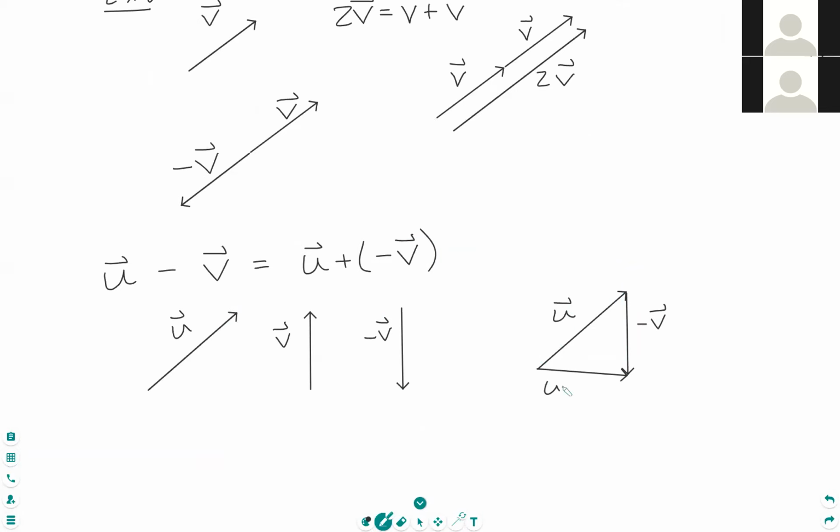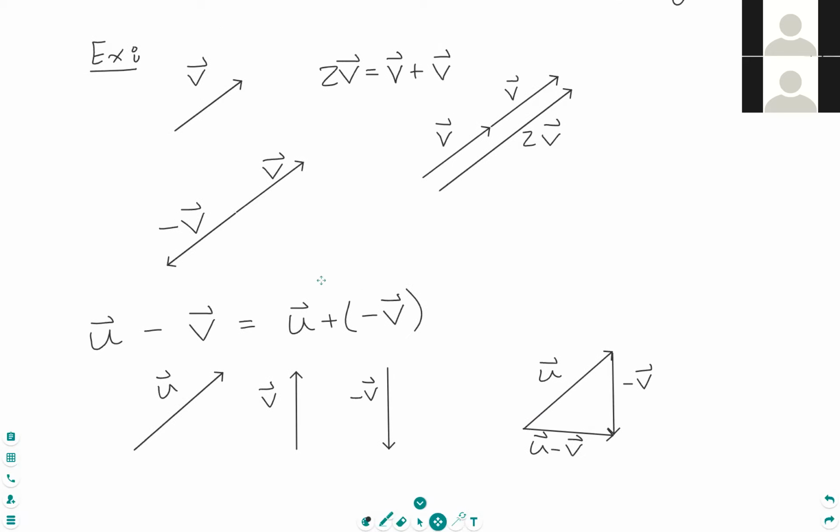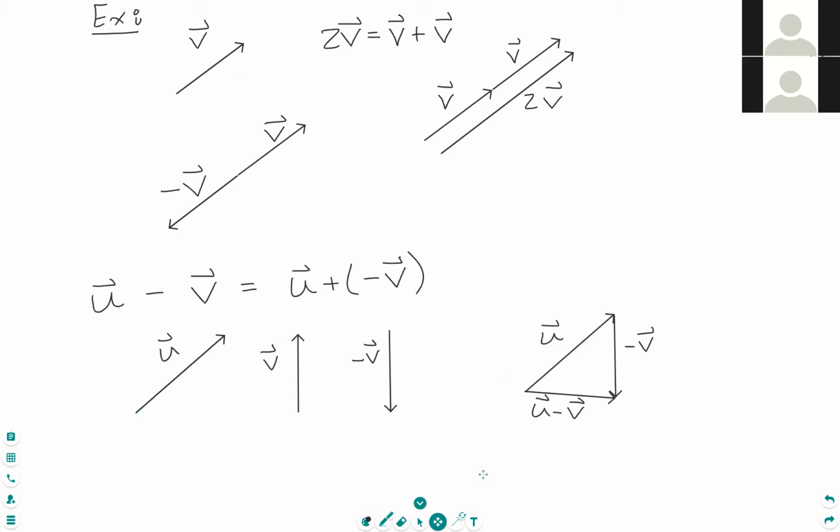And this is our u minus v. So subtraction is just a special case of scalar multiplication and our addition, right? All we did for subtraction is think about what happens when we take the negative of the vector and then do our simple addition rules.